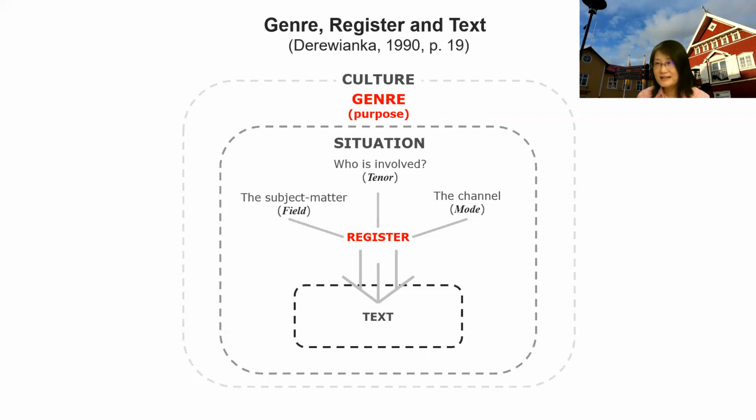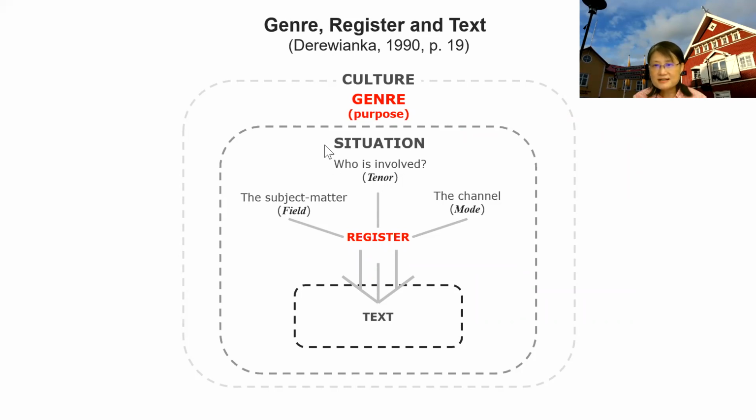But in many Eastern cultures, we go through a roundabout way. We don't put forward our position, our argument right at the beginning. We might put about examples and so on, and then finally we reach our conclusion. So this is just an example to show the cultural specific features of genres.